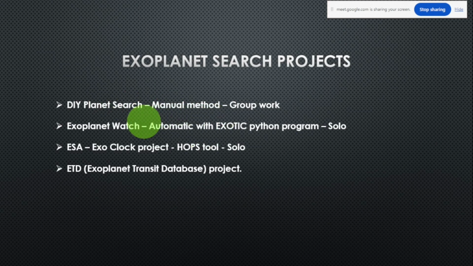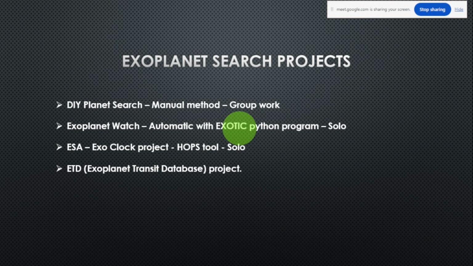But then we have the Exoplanet Watch. These two are NASA projects, but this one came before this. This started in 2019, and it was started by Dr. Rob and his team.